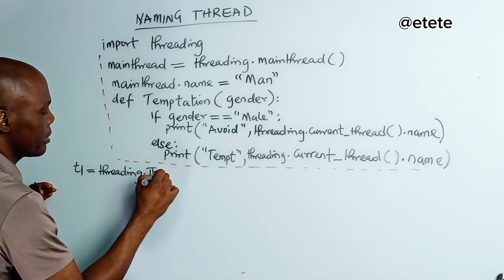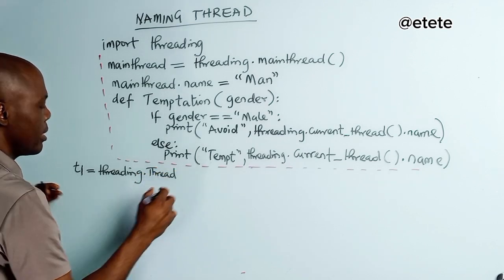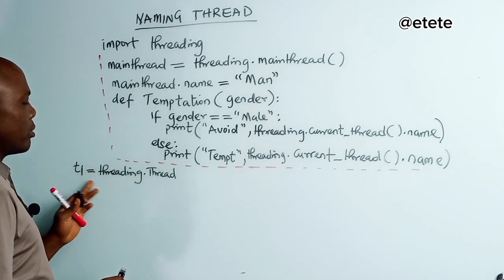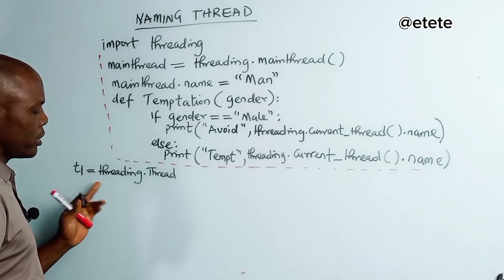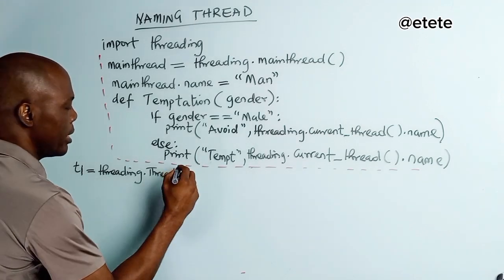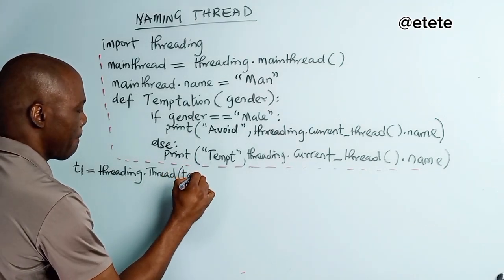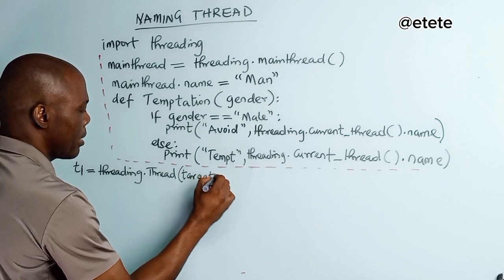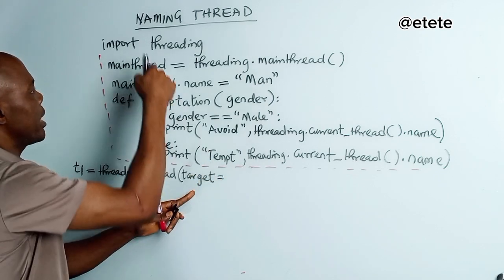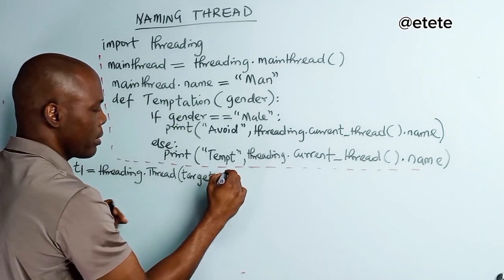So T1, then here, threading.Thread, right? T1, which is the first thread, threading.Thread. Then I will call my target. Then what is the target? Which is what? Temptation.